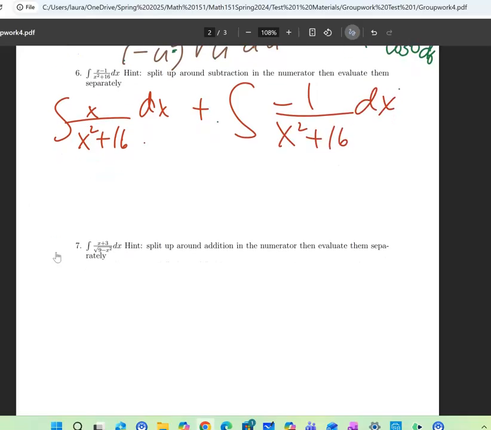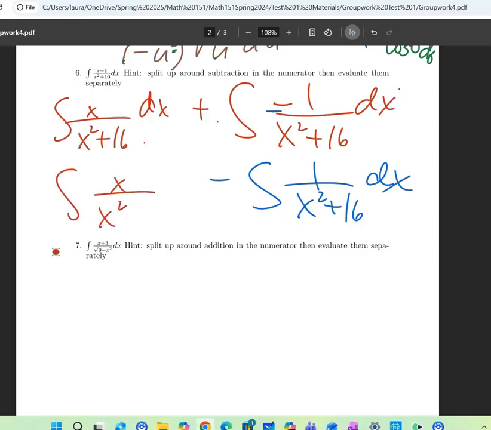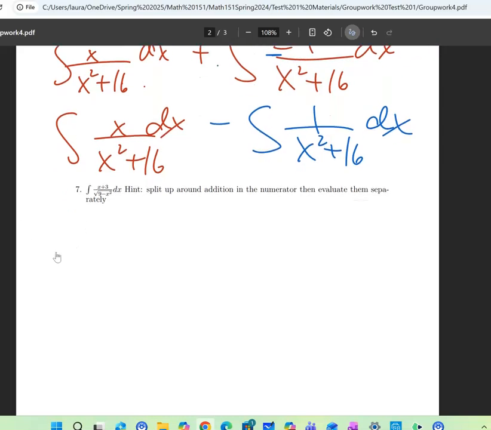Okay, so this one here, this negative, I could have pulled it out front, right? And made it -1 over x squared plus 16. Nothing different, right? And then I'll just carry this guy along. So just making sure you know that you can rewrite it differently. So this one here, I would do a u substitution.